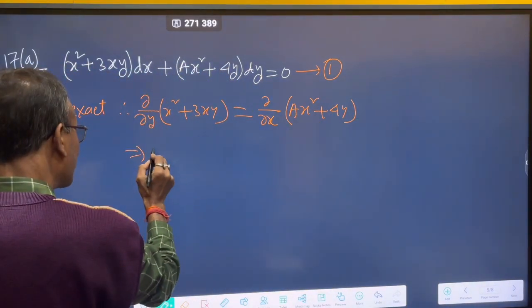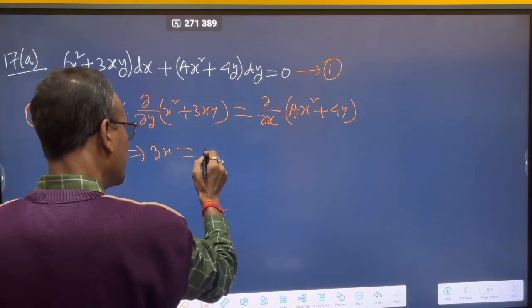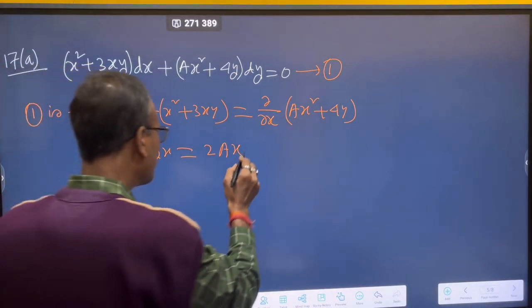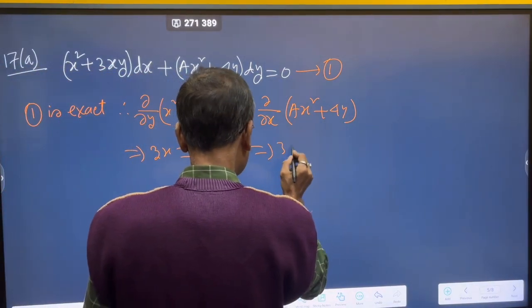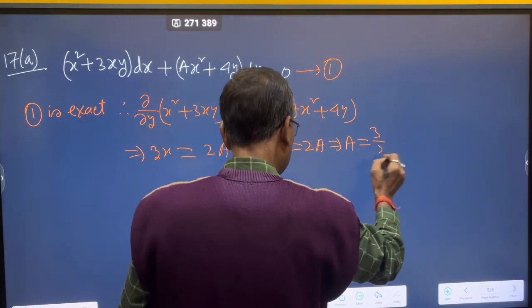This means thrice x equal to twice a x. This means 3 equal to twice a. This means a equal to 3 by 2.